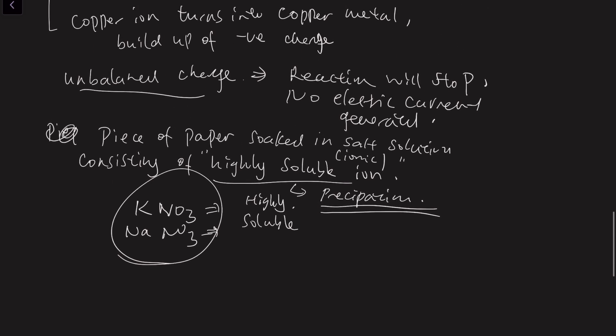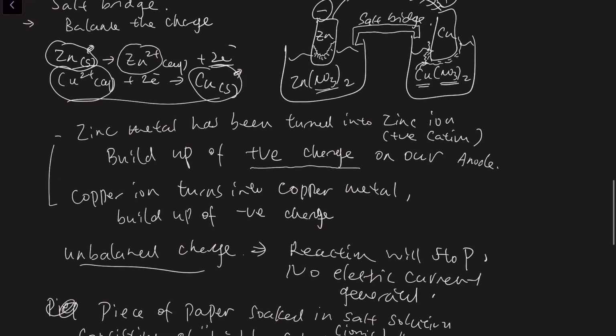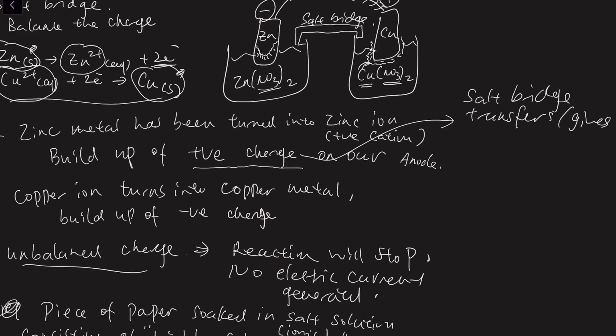So the idea is, because you have a build-up of positive charge on the anode, the salt bridge transfers or gives negative charge to balance the charge.